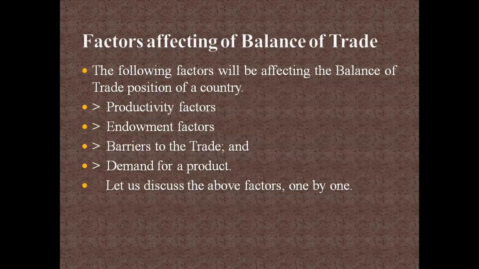These factors are categorized in 4 different types, namely productivity factors, endowment factors, barriers to the trade, and demand for the product. We will discuss the above factors one by one.